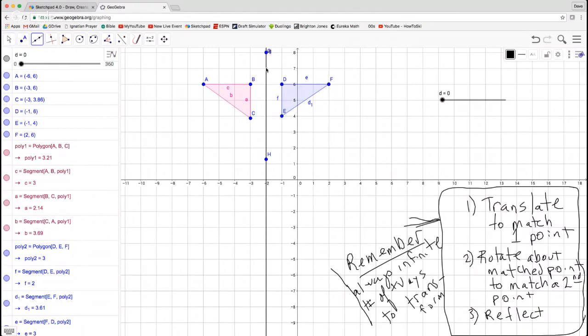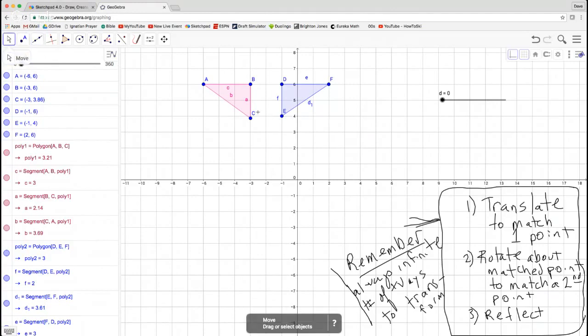But let's just make sure that our strategy here will still work, even in this simple case. So what would our strategy say to do? Our strategy would say to identify the sides or the two angles that match. So let's just do that.